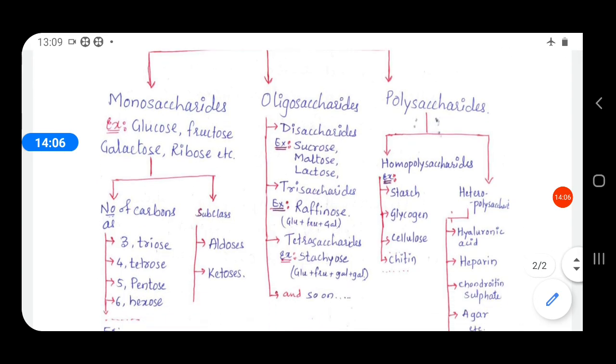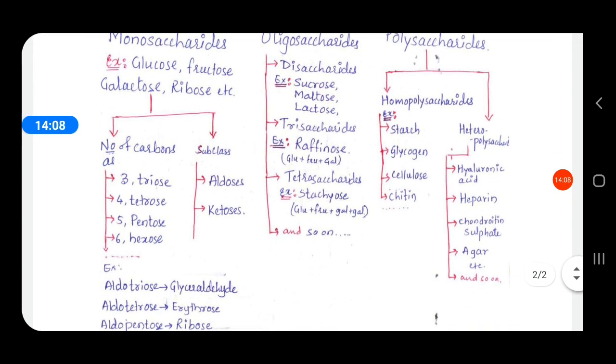Trisaccharides. If a carbohydrate on hydrolysis gives 3 monomer units, then it is called trisaccharide. Most common example is raffinose, which on hydrolysis gives 1 molecule of glucose, 1 molecule of fructose and 1 molecule of galactose. Tetrasaccharide, the oligosaccharide on hydrolysis gives 4 monomer units, is called tetrasaccharide.